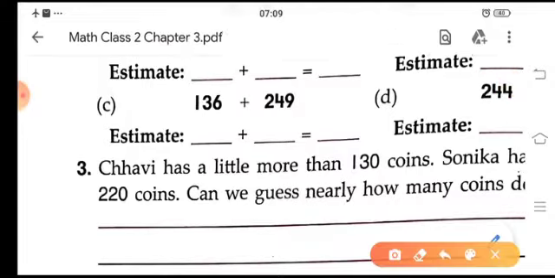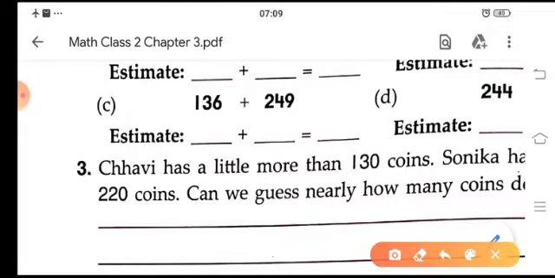Let's do another example. 136 plus 249. We have to estimate and then write the answer. The digit 6 is above 5, so we write 0 here and add 10.